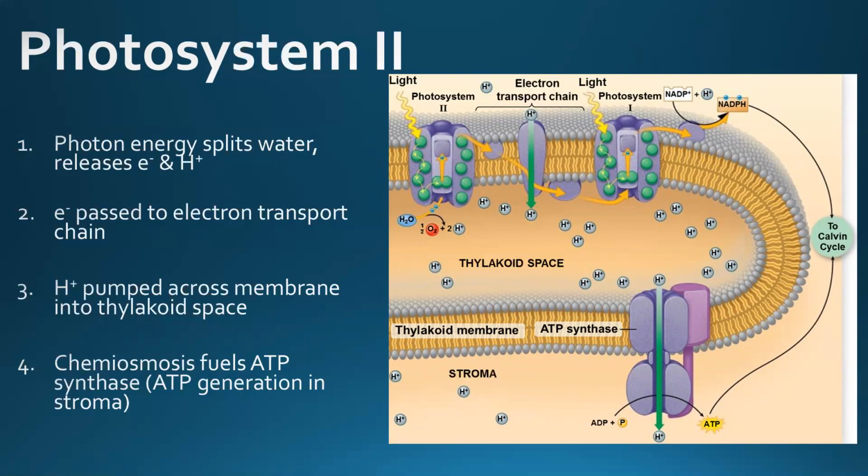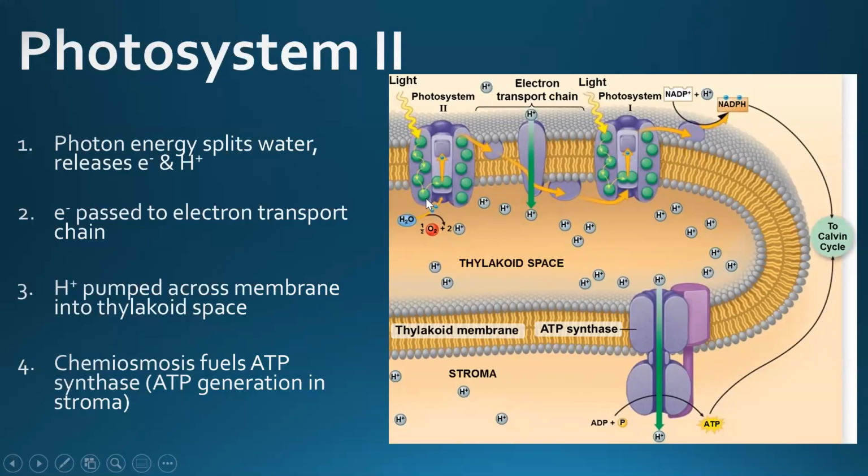Chlorophyll is a light harvesting pigment, okay? The photon energy is going to cause the water molecule to split, and you're going to produce the electrons from the splitting and the hydrogen ions.